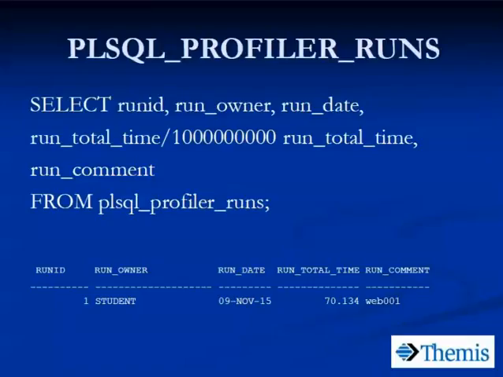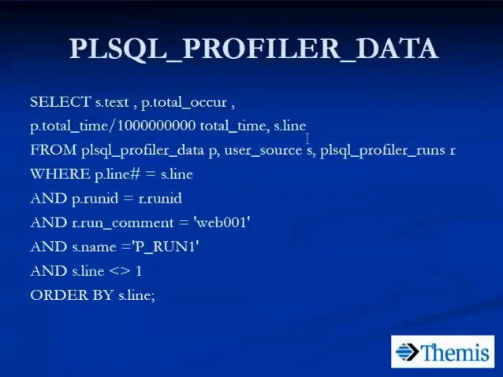All right, here's where we're going to get the bulk of our information. If we go to PL/SQL profiler data, you can see up here in the FROM clause, let me get an arrow on this for you, we're looking at the PL/SQL_PROFILER_DATA table, and I'm going to join that to PL/SQL_PROFILER_RUNS. I'm also going to bring in USER_SOURCE.